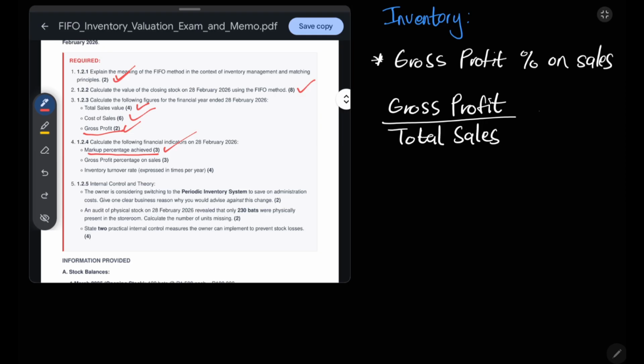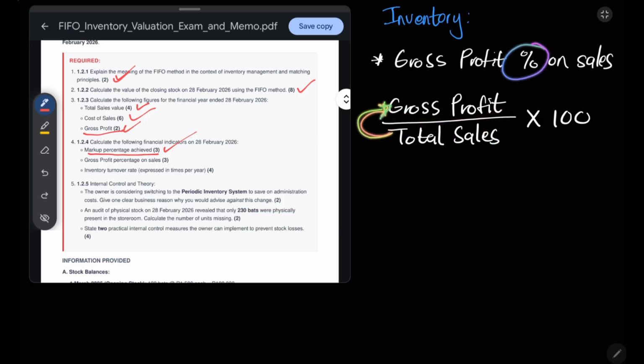You can just say sales, but when you substitute, make sure that you substitute the right amount, times 100. Another way to remember these formulas is that they said gross profit on sales. So you know that on top you have a gross profit on sales, meaning on top of sales. So gross profit is on top of sales.